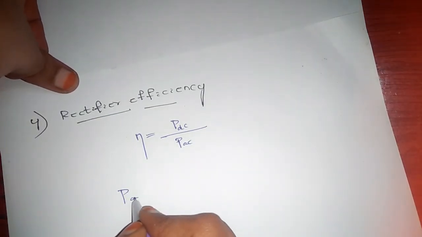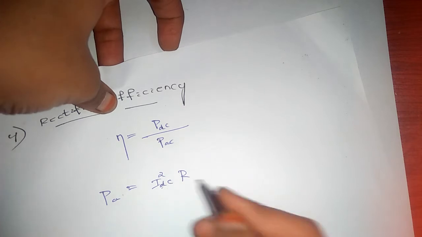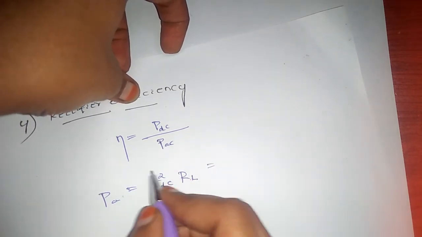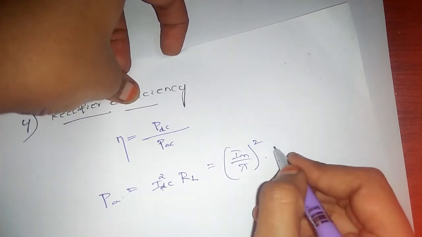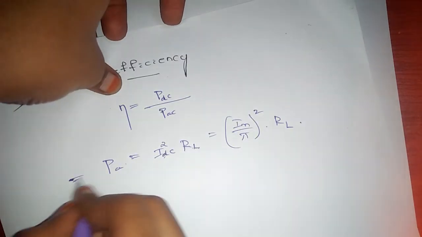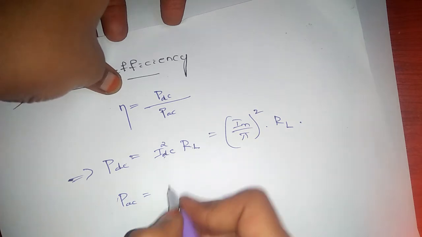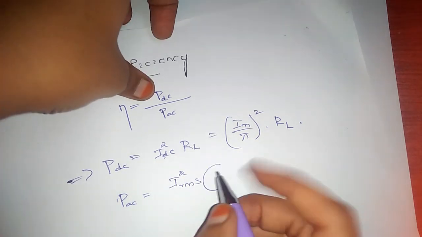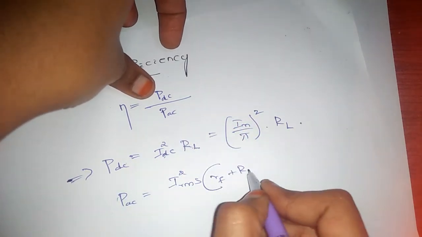Generally power is nothing but I square R, but here we have IDC and the resistance RL, where this IDC is again Im by pi, whole square into RL, and this is for DC, PDC. For PAC we have IRMS square, and the total resistance in the whole circuit is RF plus RL.